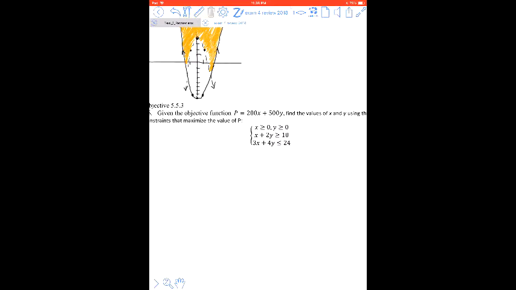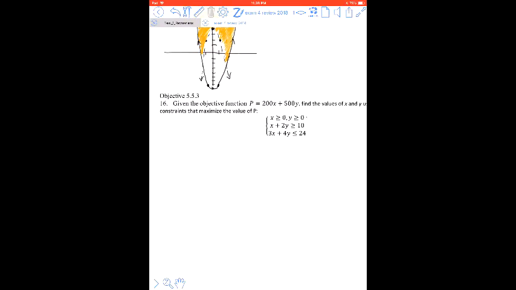And then from the feasible region, we need the boundary points, or the corners, or the outermost parts of the feasible region. Then we would plug those x and y points into this objective function, see which one gives us the largest value. So these two here, x is greater than 0, y is greater than 0, all that tells us is that we need to graph in the first quadrant.